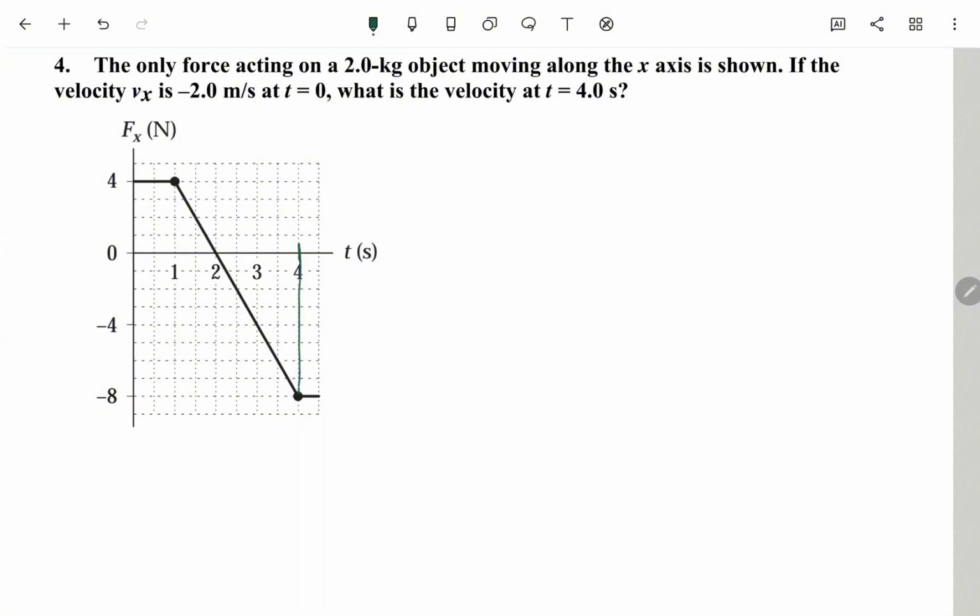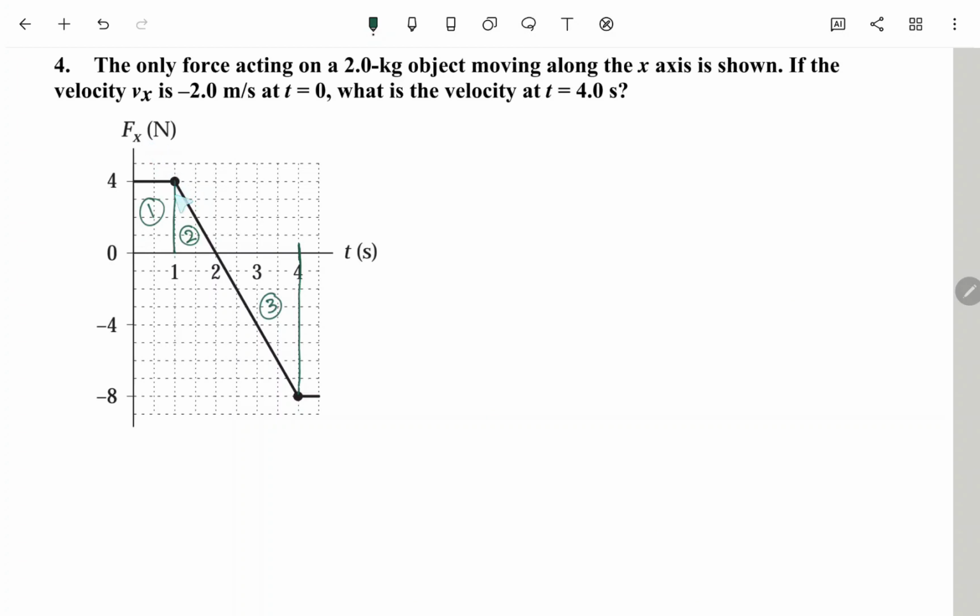Now as we can see here, if we chop this graph into pieces, so this one here, the first piece, second piece, and third piece. Now the area beneath this one right here, it's a rectangle. Now this rectangle here is equal to the width times the length.